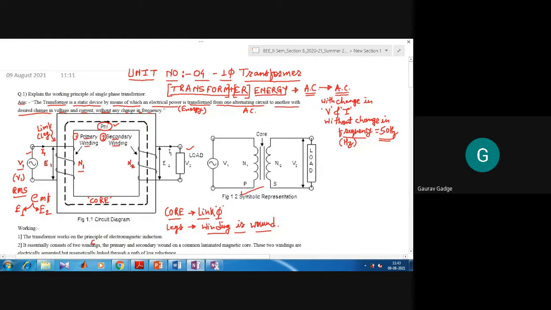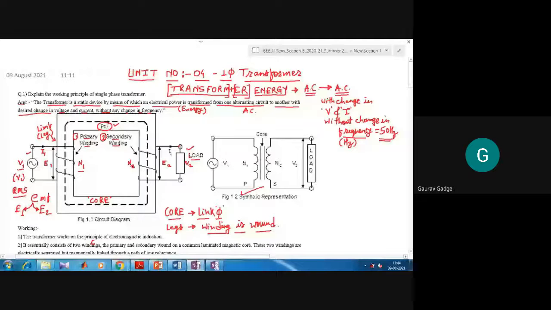Okay. Now, as soon as the load gets connected on the secondary side, what are we getting? We are getting the EMF induced on primary as well as on secondary. As soon as the load gets connected, जैसे आप load यहाँ पर connect करोगे, what happens?